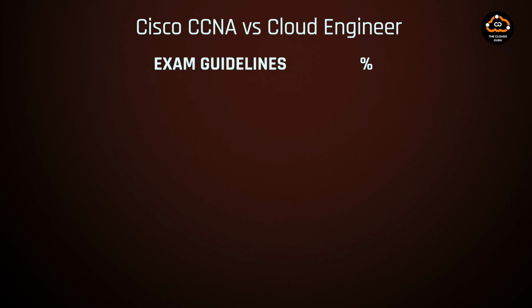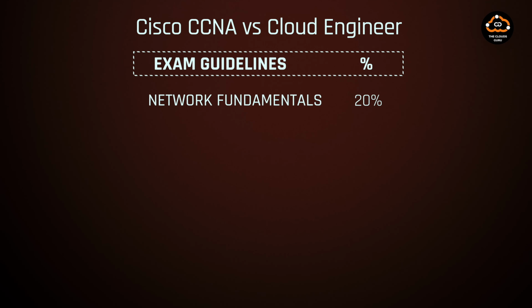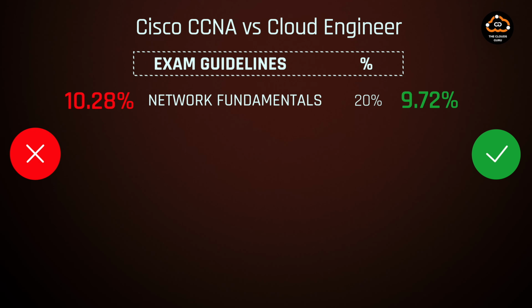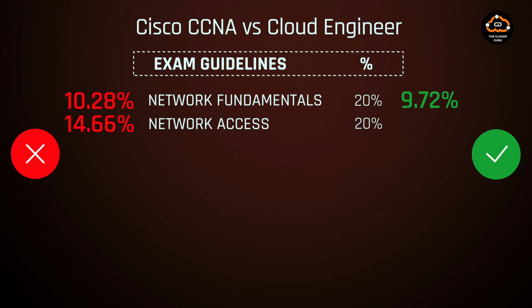In summary, network fundamentals constitute 20% of the exam, wherein only 9.72% is relevant to cloud engineering and 10.28% for Cisco engineers. Second pointer is network access, which constitutes 20% also in the exam and has 14.66% not relevant topics because only 5.34% of it is useful.